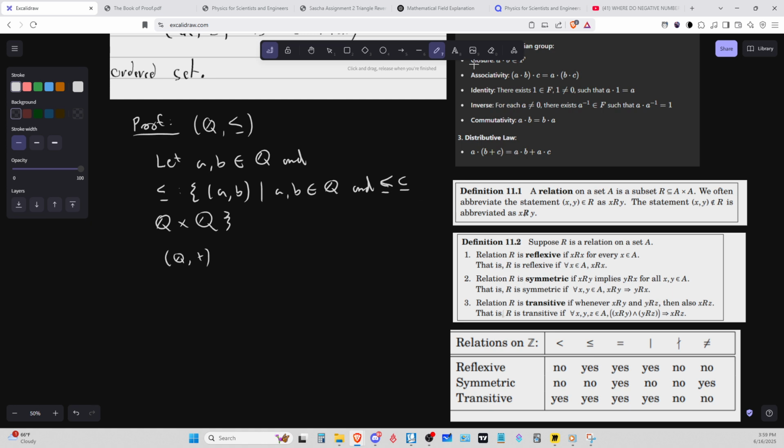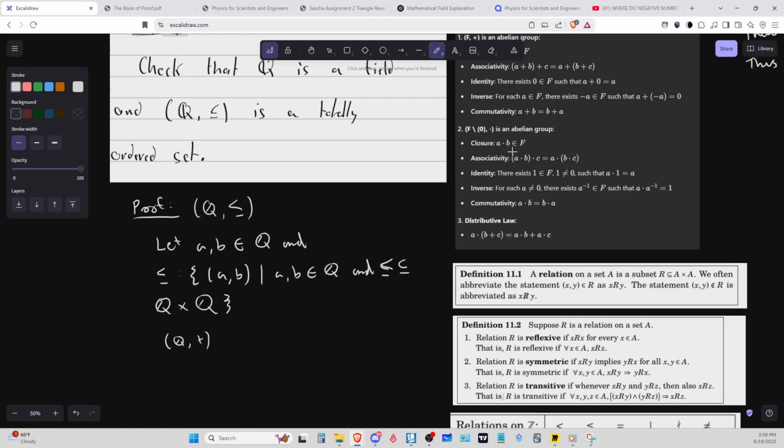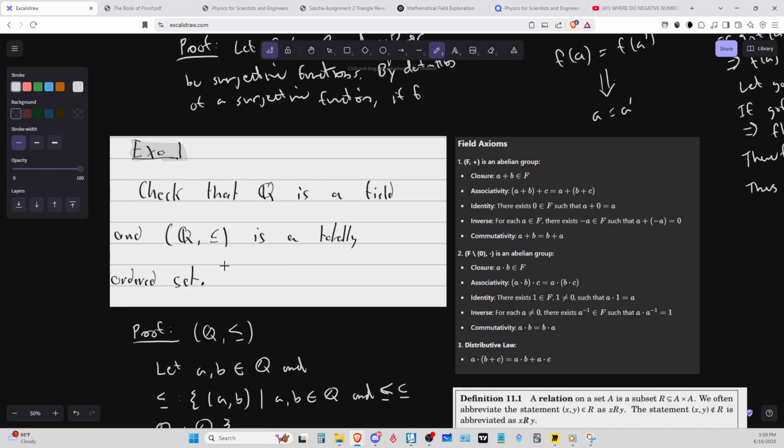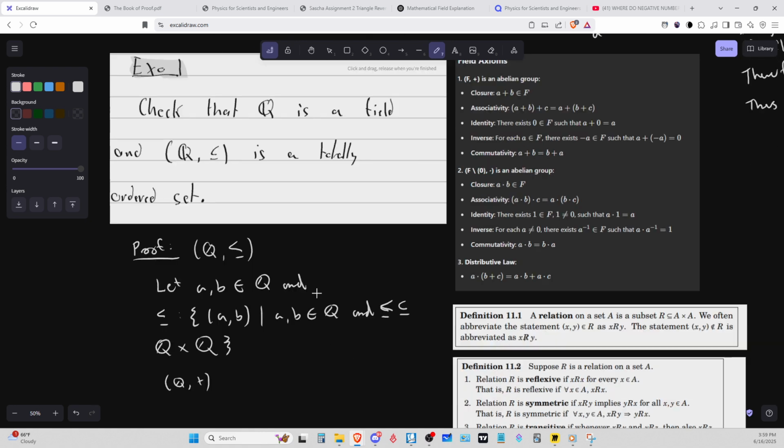Unless the field is basically just defining it: the rational numbers are supposed to follow this rule and this rule and this rule, and then that sets you up for the next thing. You define it as a field, and then you go into the next part and use the definition of a field to help you solve it. That's what I'm thinking we're supposed to do. But it says, check that Q is a field.